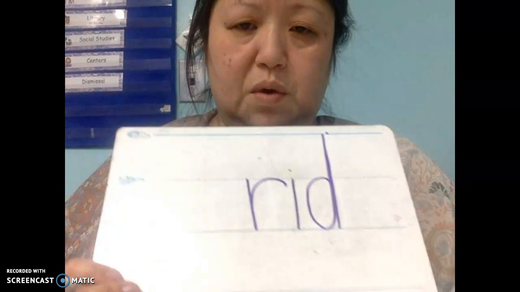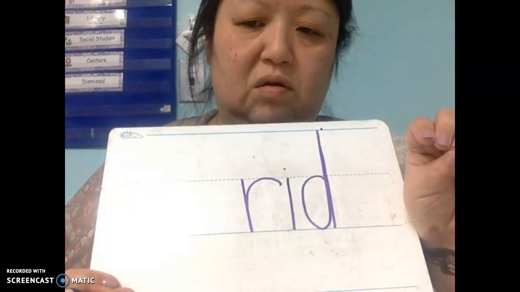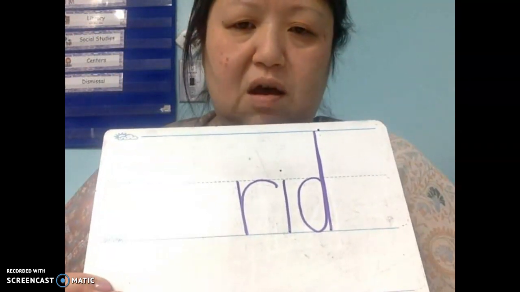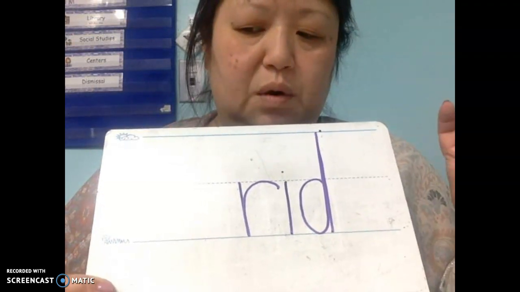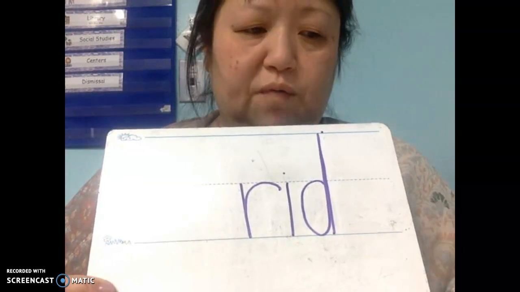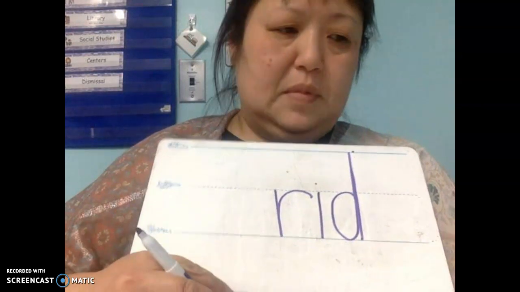And here we go. One last word. R, i, d, rid. And there is an activity in Seesaw for you to do where you have to tap and say the words. And you're supposed to record yourself doing that. So hopefully you'll be able to do that really easily. Okay.